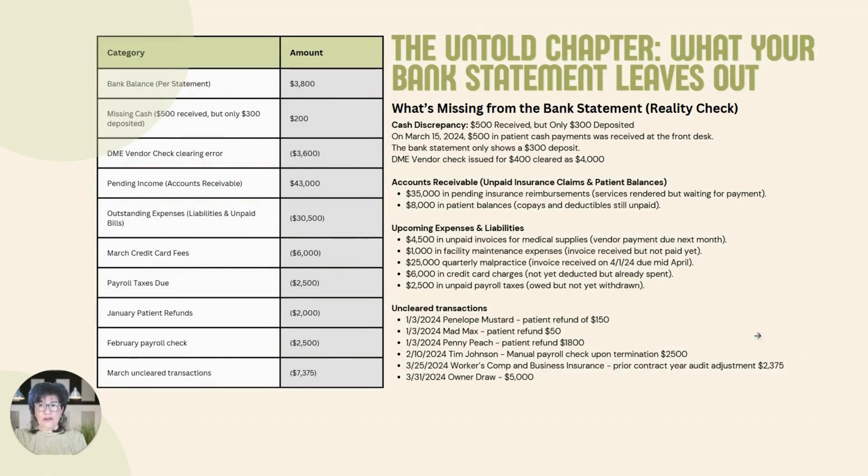Additionally, in January you did a big ramp up of reviewing your patient accounts and your patient receivables, and you identified a multitude of refunds that were owed to your patients. And as you should be doing on a regular basis, you decided to go ahead and start issuing all those checks because technically it's your patient's money, it's not yours.